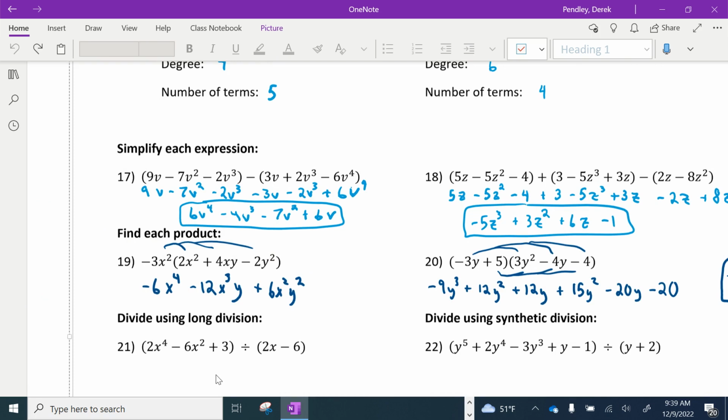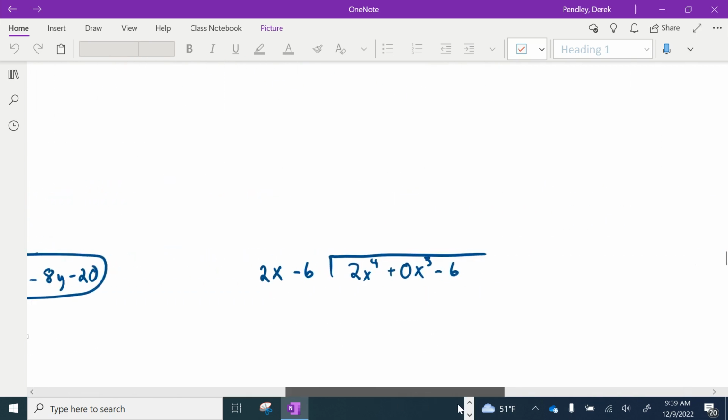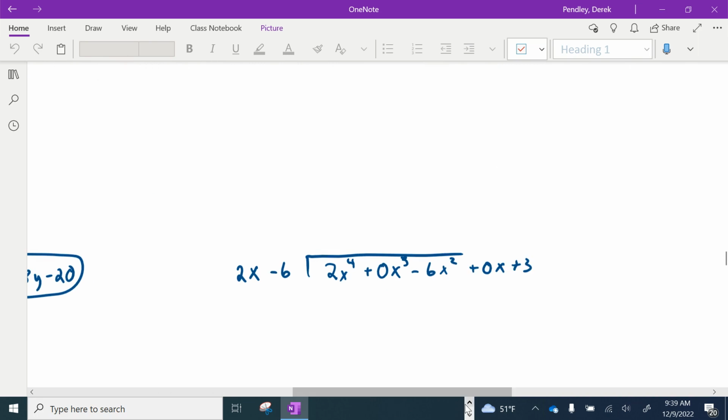We have 2x minus 6, and we have 2x to the fourth minus 6x squared plus 3. All right, so let's do the work over here on the side.